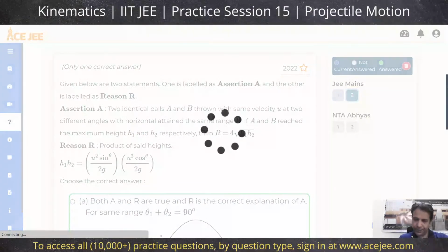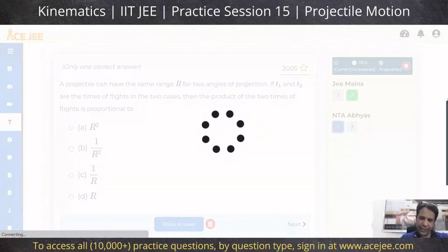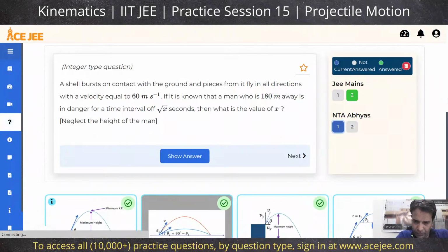Okay, next question. This looks like a fairly older question, so I'm going to take an NTA Abhyas question. A shell bursts on contact with the ground and pieces from it fly in all directions with a velocity equal to 60 meters per second.